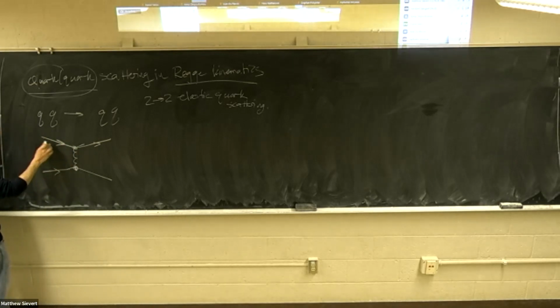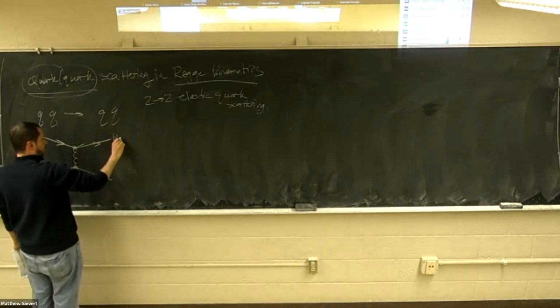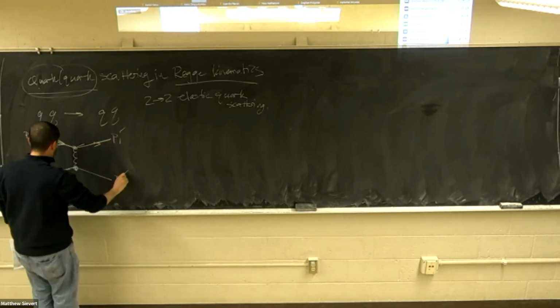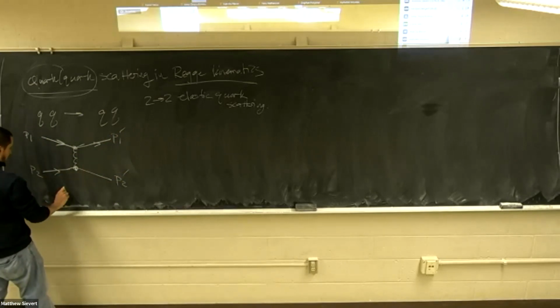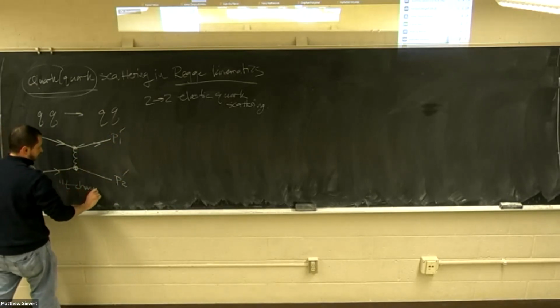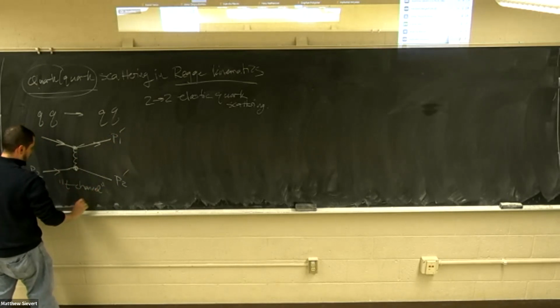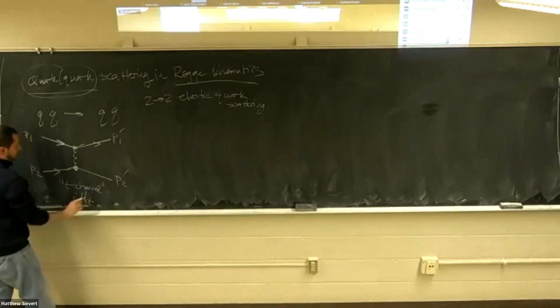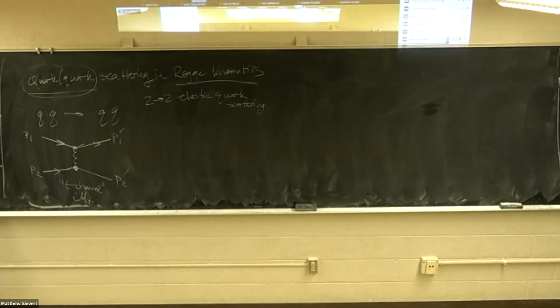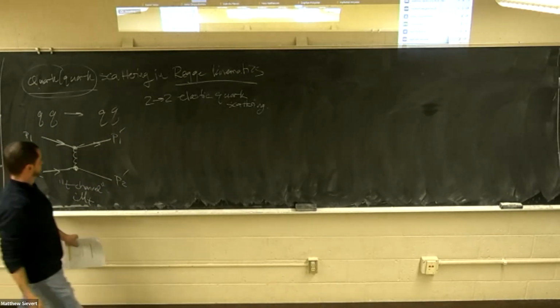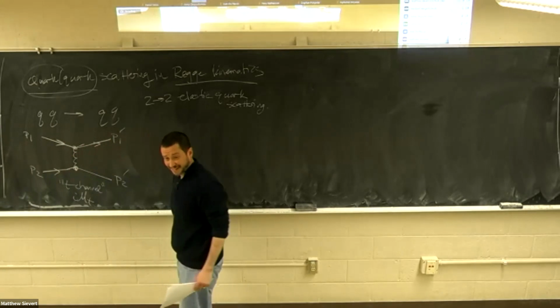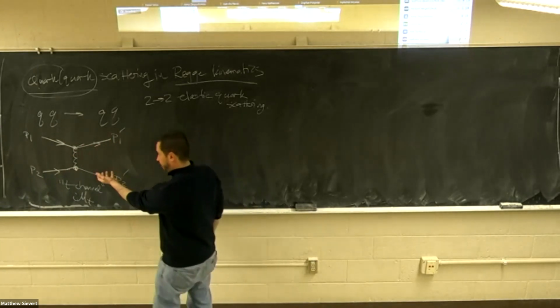If I label my initial particles P1 and P2 and my final particles P1 prime and P2 prime, this diagram is the one that I will refer to as the T-channel diagram. I will write it as iM_T, where M is the scattering amplitude and this is the T-channel scattering amplitude.